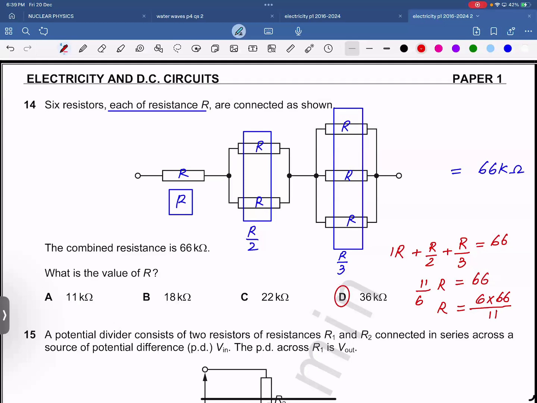For identical resistors in parallel, you divide by the number of resistors. So R plus R by 2 plus R by 3 is 11 by 6 R, equate with 66 kilo, and you get 36 kilo. That's the right approach, my dear.